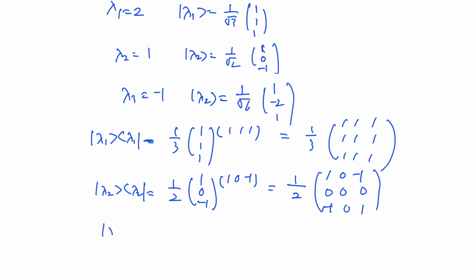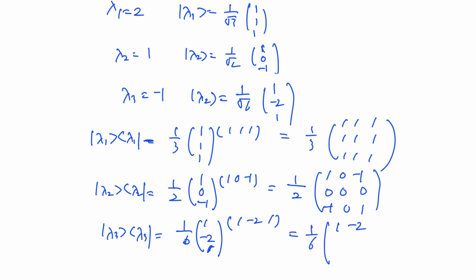For lambda 3, it is 1 over 6 times 1, minus 2, 1, minus 2, 4, minus 2, 1, minus 2, 1.